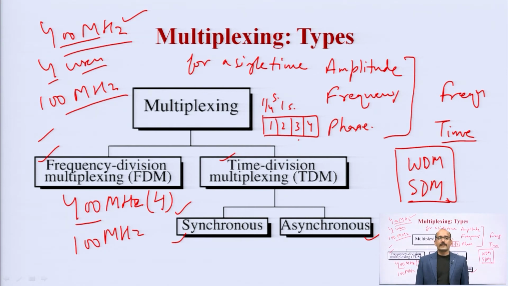But when we are dividing this time slot to various users not in a uniform manner, then that particular type of time division multiplexing is called asynchronous time division multiplexing.